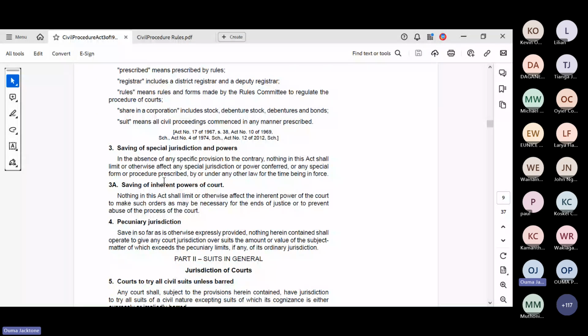Okay, for us to ensure justice, let me give an example. The overriding objective says that you need to ensure justice as you handle civil matters presented before you. Now, in a case whereby the defendant has failed to file the defense because they were sick.